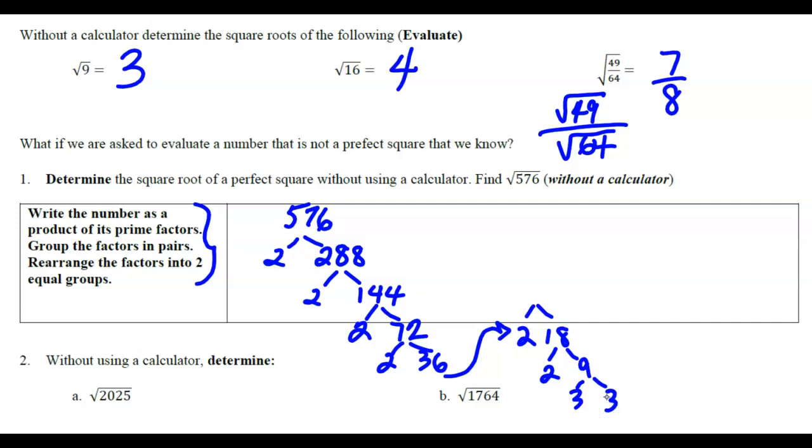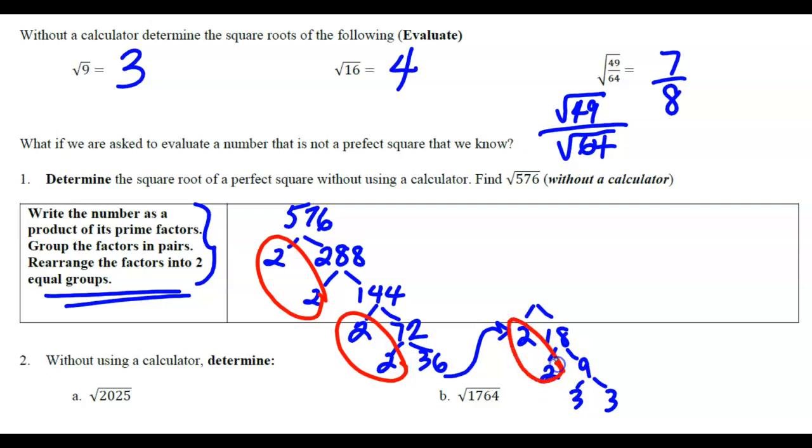I'm just doing all of it, even though I could see what it would be. 144 is 12 squared, just so that I can follow these steps on the left. So now I'm going to group the factors in pairs. So there are 2 2s, 2 2s, 2 2s, lots of 2 2s, 2 3s, okay?